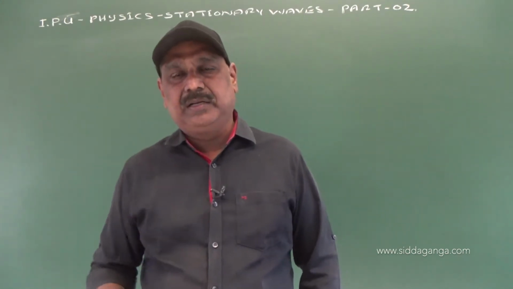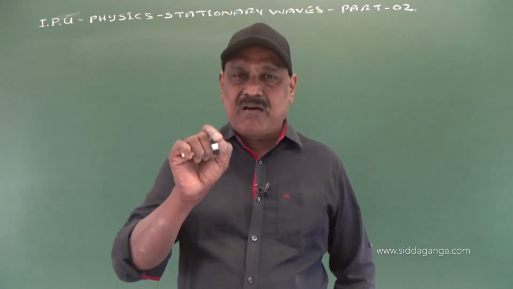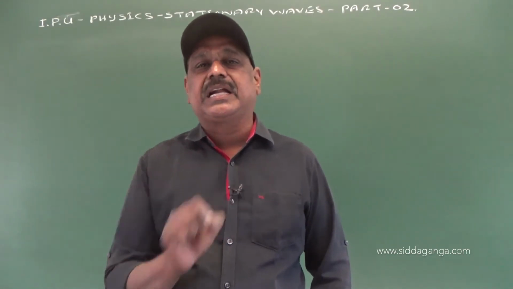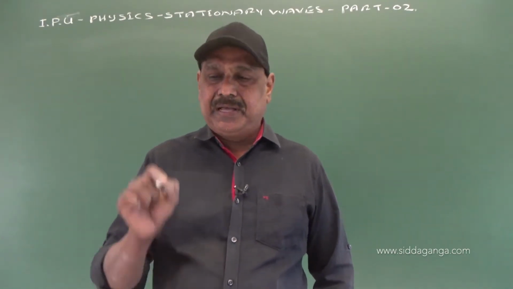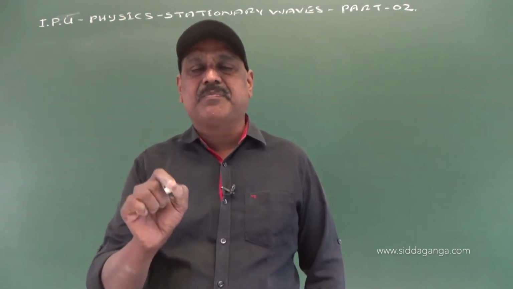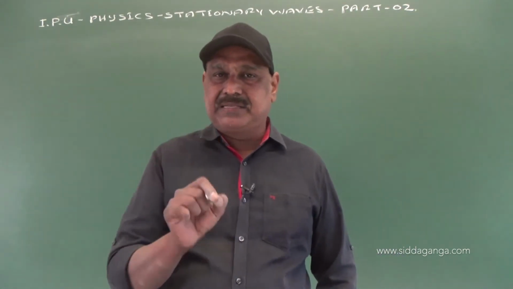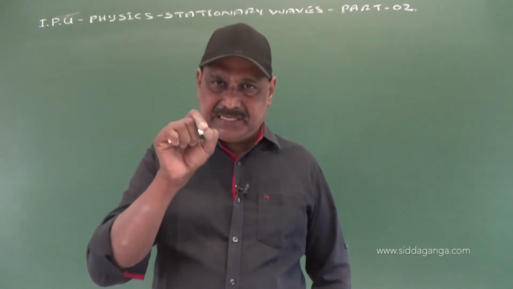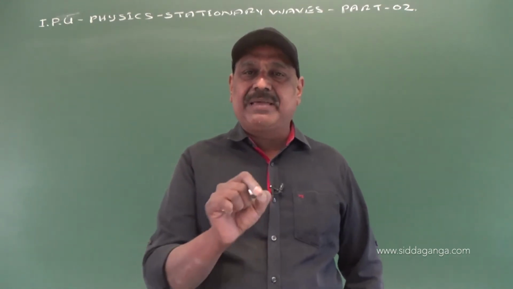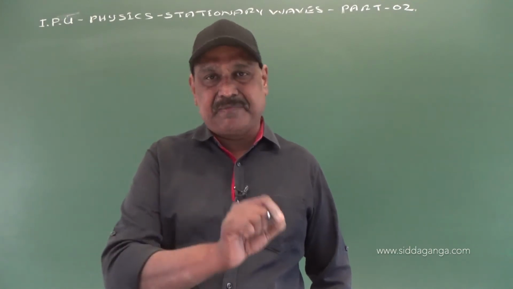Now, nodes are the particles of the medium which are always at rest due to a stationary wave set up in the medium. Particle velocity, or velocity of simple harmonic motion, or velocity with which particles vibrate, is 0 at nodes, and also amplitude of vibration is 0, but the pressure is maximum.